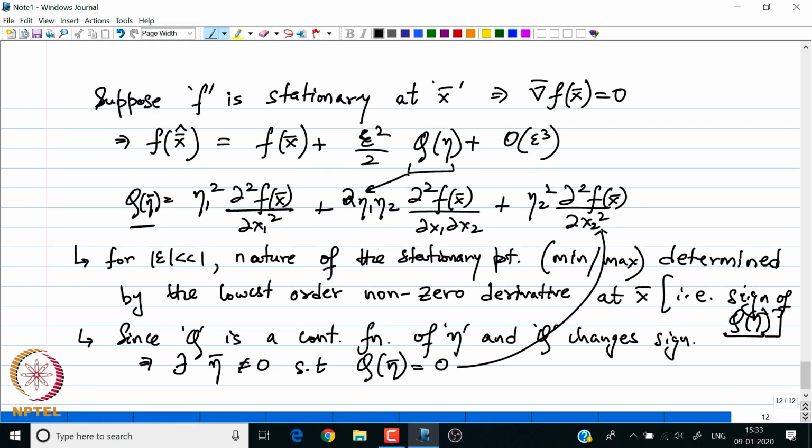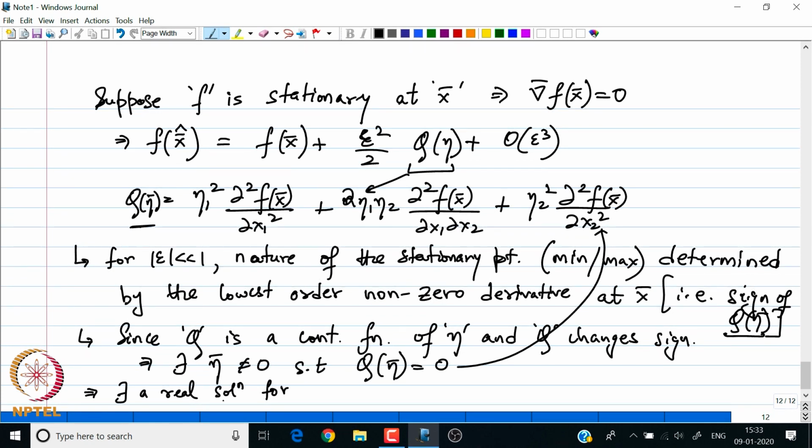So, there exists a real solution for, notice that this expression q of eta is quadratic in eta 1 as well as eta 2.